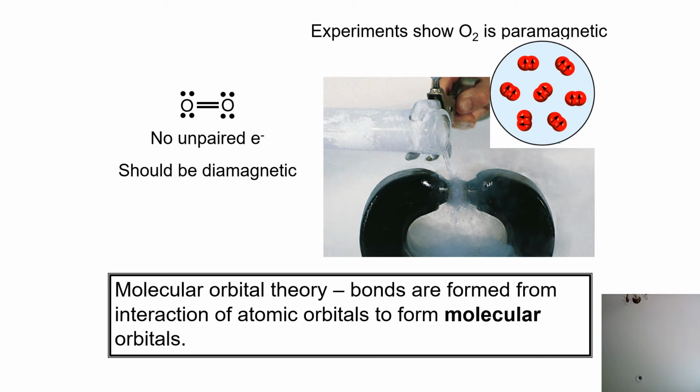Thus, the creation of molecular orbital theory. So this theory also combines pure atomic orbitals, similar to valence bond theory, but in a slightly different way. The bonds formed from the interaction of atomic orbitals actually form what we're going to call molecular orbitals.